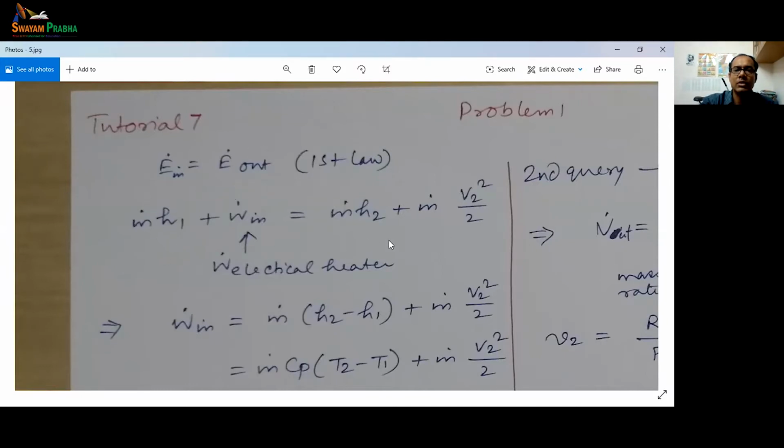And what is going out? Again, the hot air stream has certain enthalpy, so that is m dot h2, plus the velocity is increased, so now you have V2 square by 2, the kinetic energy part of the stream. These two have to match each other.